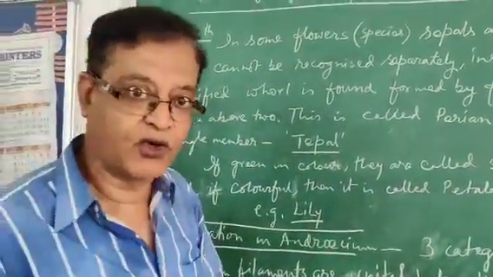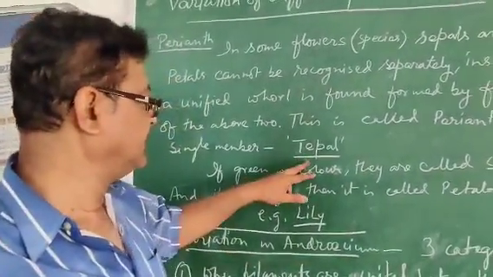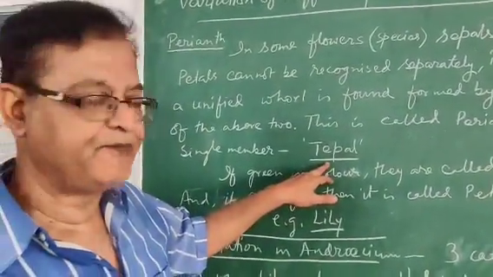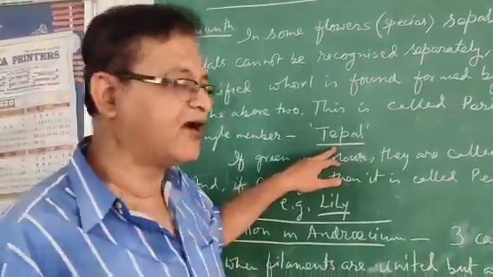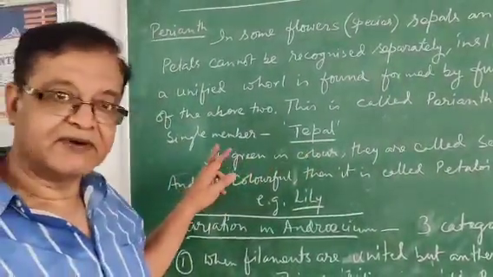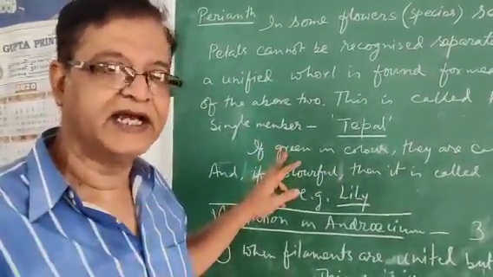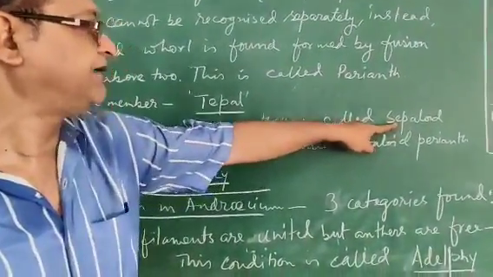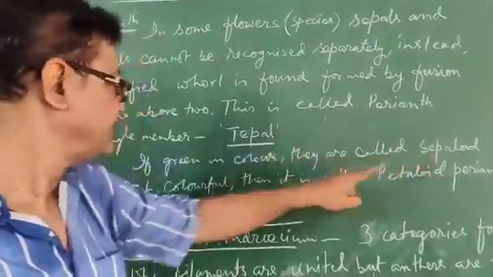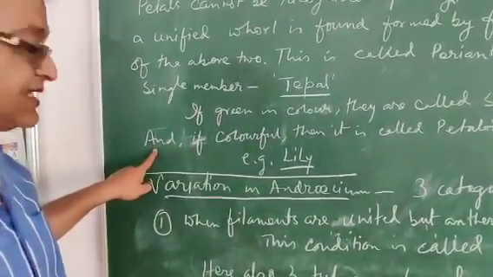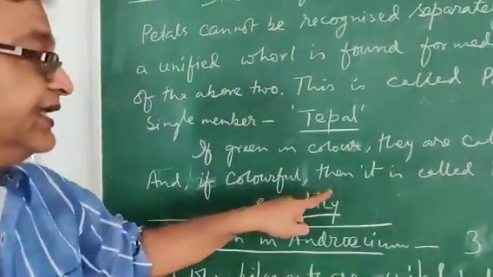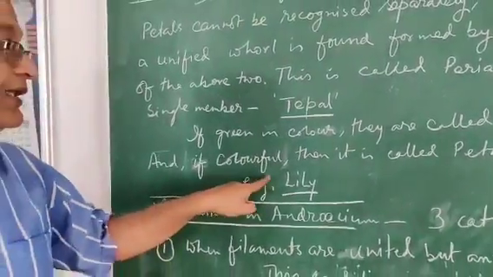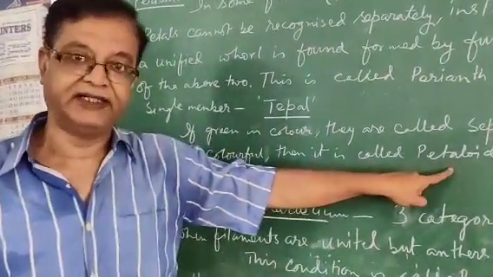When there is a perianth, the single member is called a tepal. Not all flowers have it, some flowers do. In some cases, the tepal is green in color, then they are called sepaloid perianth. If in some cases the perianth is colorful, then it is called petaloid perianth.